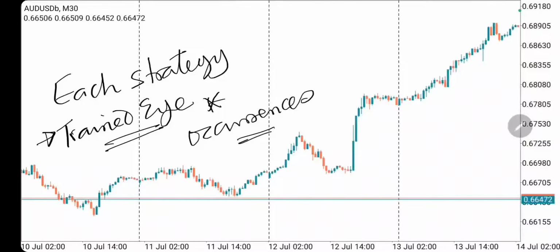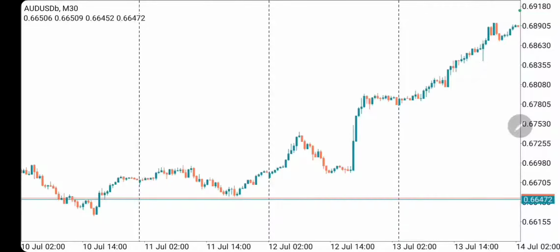Someone can come to the chart and might not see the strategy, but if you are used to identifying these strategies day in and day out, over time you develop mastery, and you develop a keen eye for identifying such a strategy.